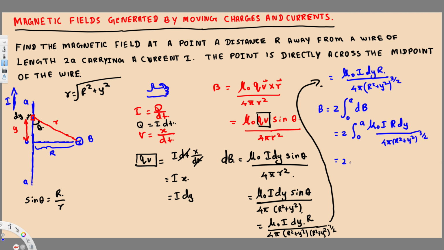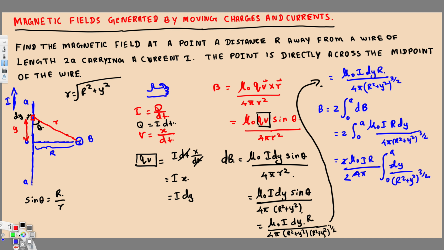So this is going to be 2 mu naught I r over 4 pi. Now 4 pi and this 2 cancel, so this is going to be just 2 pi right here. And here we are going to have the integral 0 to a of dy over r square plus y square power 3 by 2. So this is what we have.